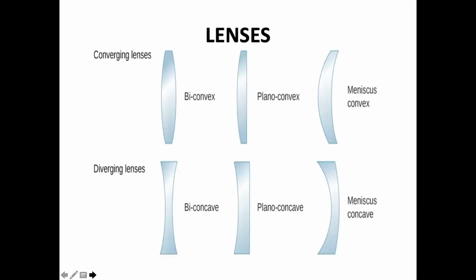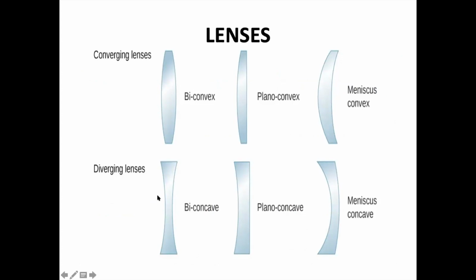So how many types of lenses are there? Over here, this is a biconvex lens, meaning both the sides are curved outside. It is a converging lens, opposite to that of the mirror. In mirrors, the convex mirror was a diverging mirror, the concave mirror was a converging mirror, but the concave lens is a diverging lens.